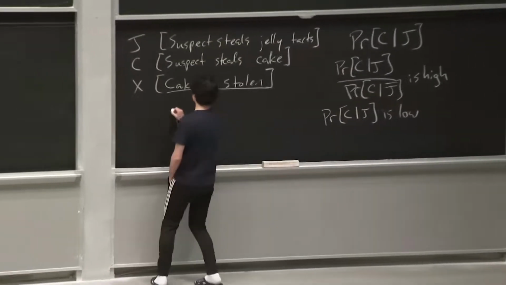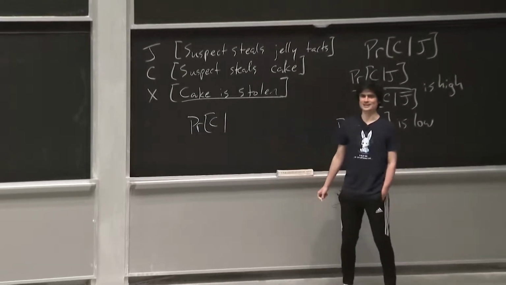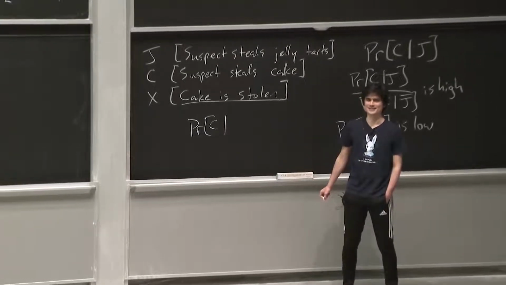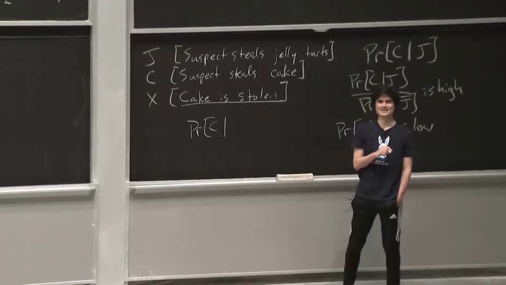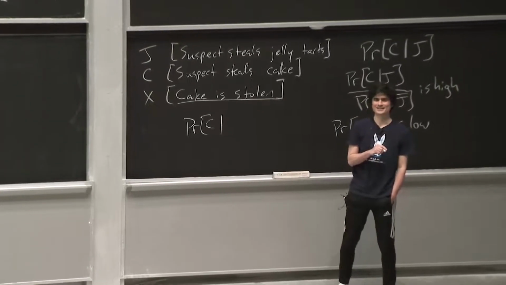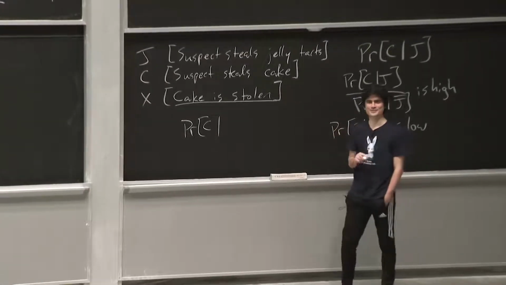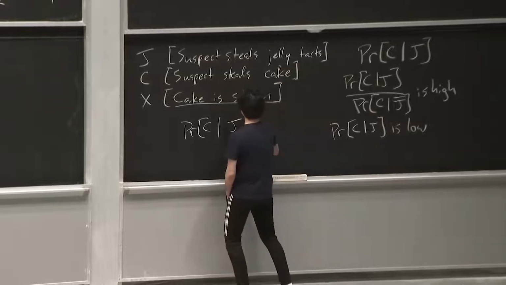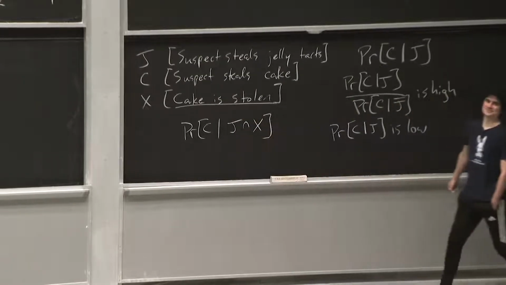What we really want is probability of C given what? Yeah? Given that they stole the jelly tarts and they stole a cake? Well, not that they stole a cake, but that a cake was stolen. Yeah. So C given J and X. Okay?